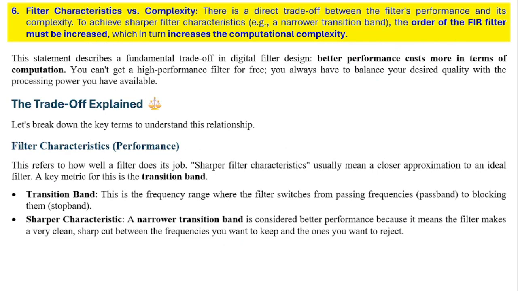Then lastly, filter characteristics versus complexity. When we are having an IIR filter, we have the ability to use the properties of both poles and zeros, so usually we need a lower order filter.